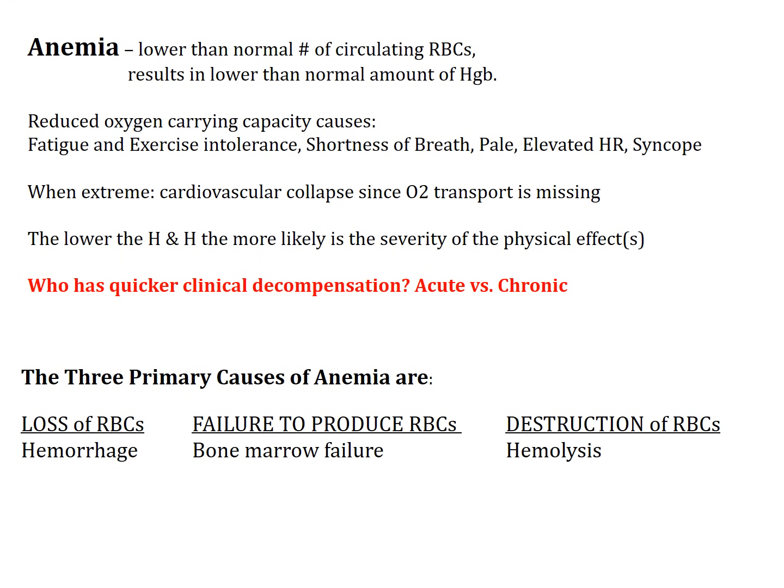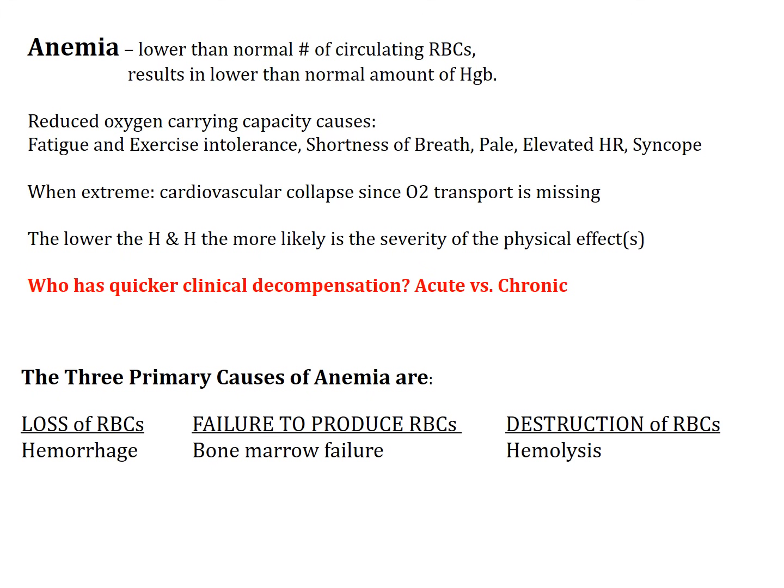Most common initial symptoms are going to be fatigue, particularly with exercise or exercise intolerance. Shortness of breath, they start to look pale. Oxygenated hemoglobin is what gives us a nice pink color to our skin, to our mucous membranes. Individuals will develop elevated heart rate, tachycardia, and can actually develop syncopal episodes and pass out due to severe anemia.